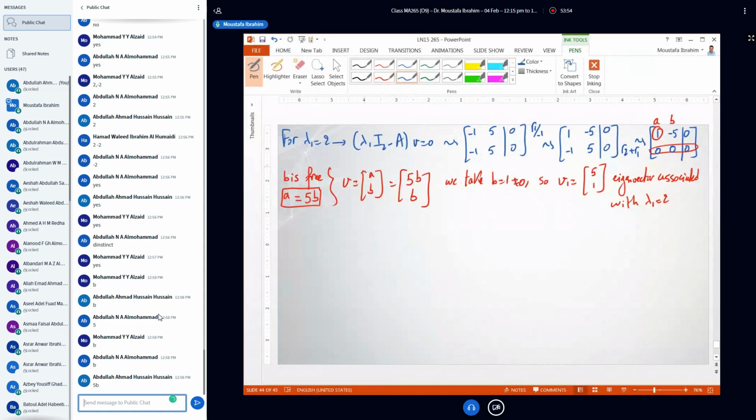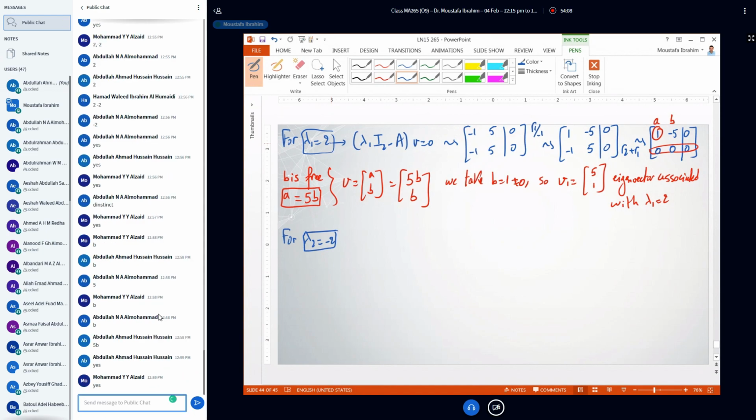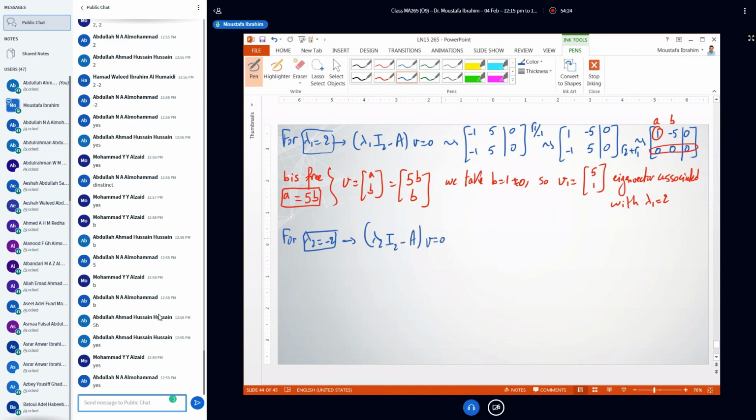Now let's do it for lambda 2 equal negative 2. Guys, do you understand? Are you understanding everything? Wonderful. Again, we solve lambda 2 I2 minus A, times V, equals 0.